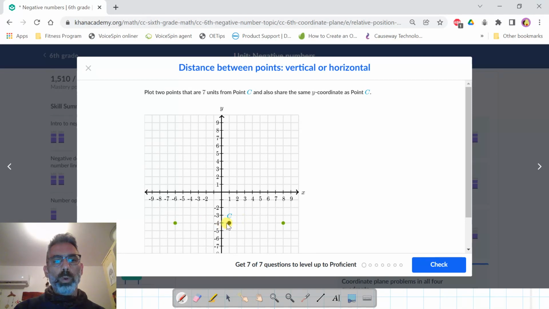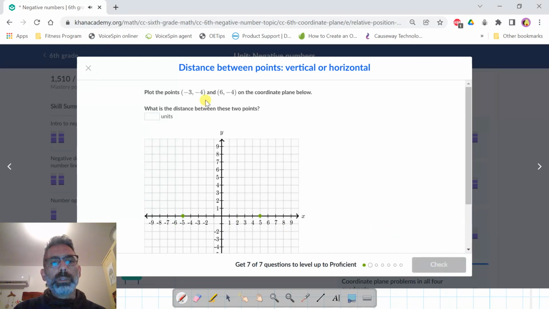Okay, because we have 1 here, a distance of 1 unit, plus a distance of 6 units to the left of the y-axis. And so this point is 7 units away, and it shares the same y coordinate because it's at -4.